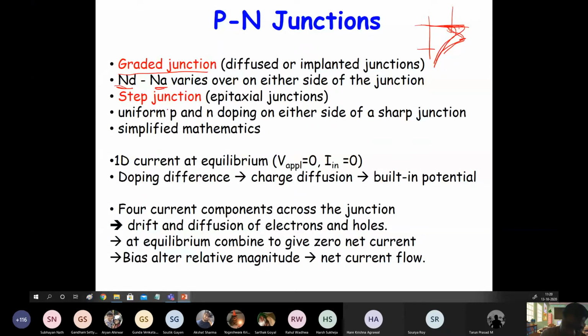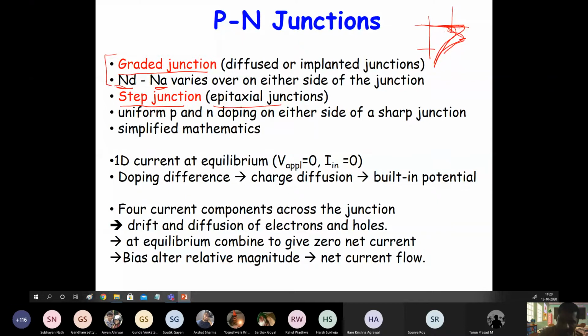Now, a simplified form of a junction is a step junction, and we can approximate these devices sometimes by a step junction, but they exist in reality also. For example, when you grow a device by epitaxy, right? For those devices, you have an almost perfect step junction within a couple of monolayers.